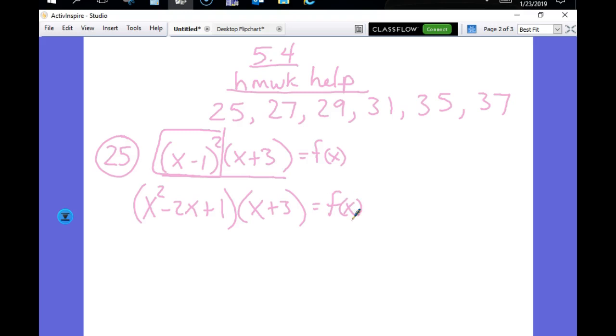I'm going to assume that if you guys took the time you could figure these out, but that's going to be x cubed, negative 2x squared, and 3x squared is going to be x squared, x, and negative 6 is going to be negative 5x, and then 3. So I went ahead and multiplied it all out. I FOILed them out, and there's my function.